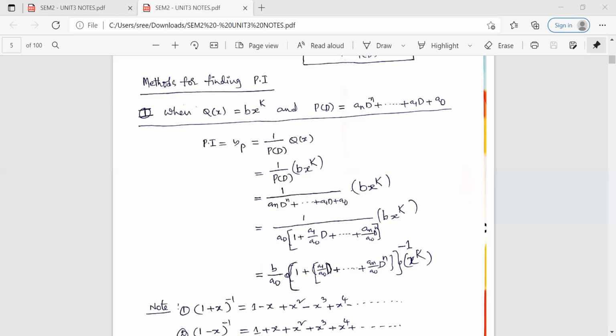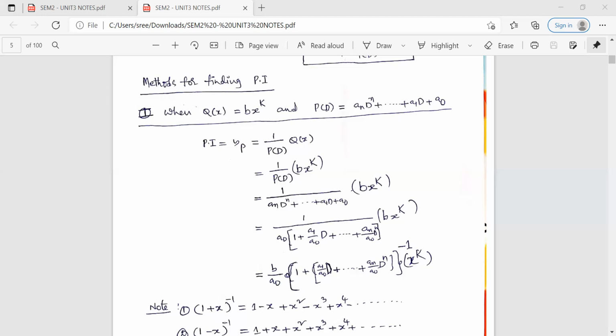If q of x is an algebraic equation, we have to write the denominator in the form of 1 plus the remaining expression, say X.